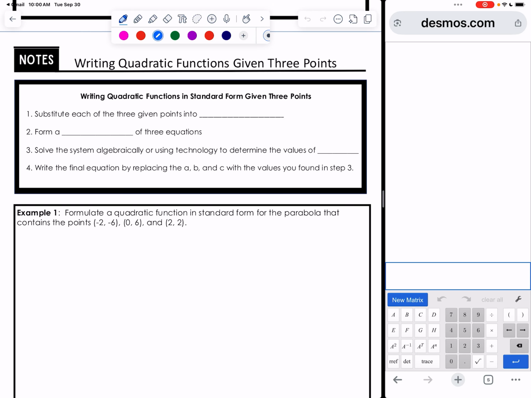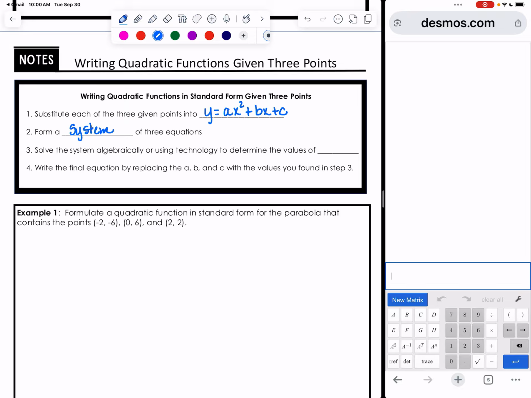In step 1, you want to substitute each of the 3 given points into the standard form equation y equals ax squared plus bx plus c. After you do that, you're going to form a system of 3 equations with 3 unknowns.